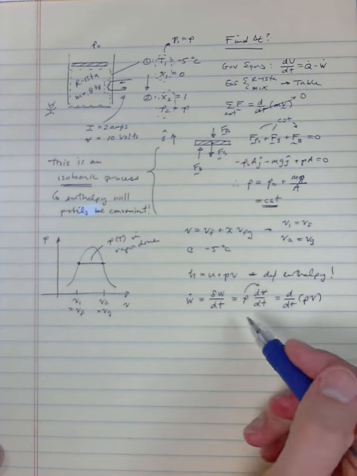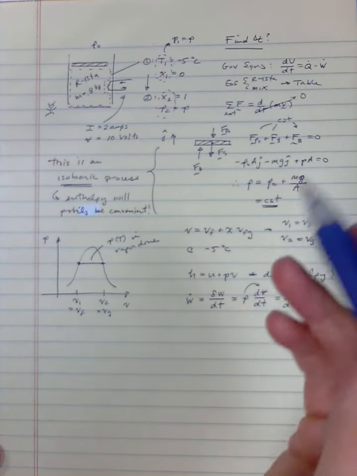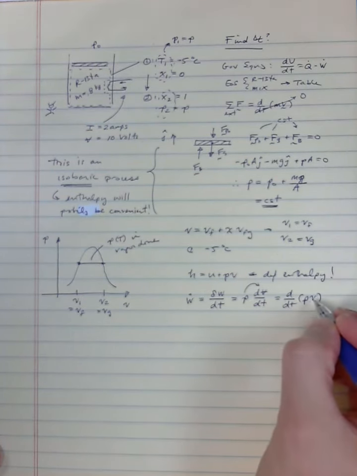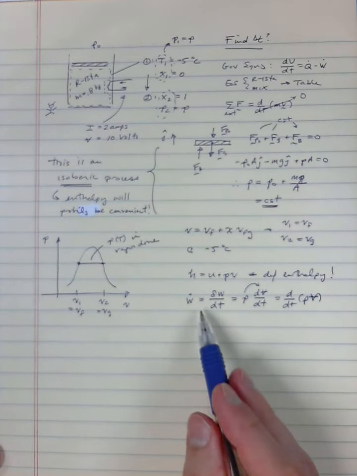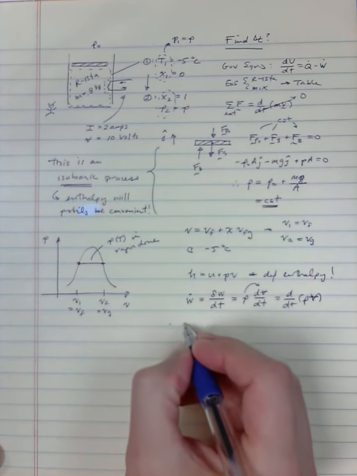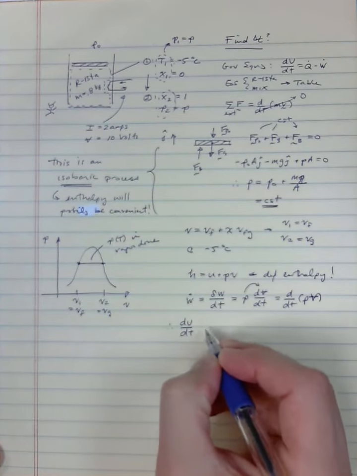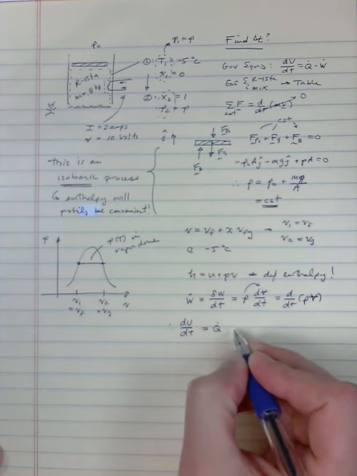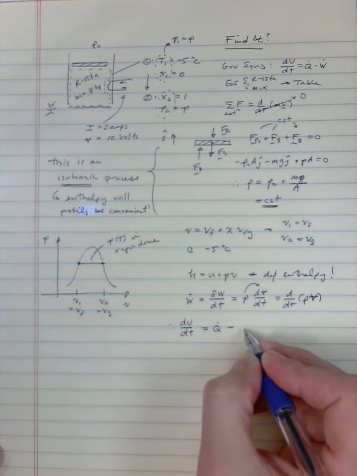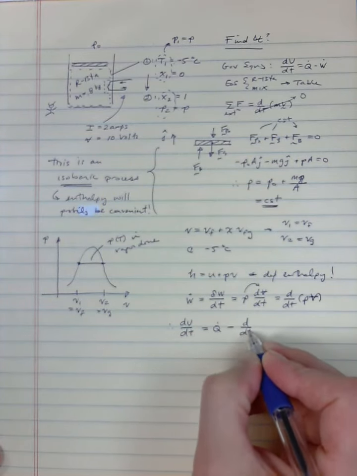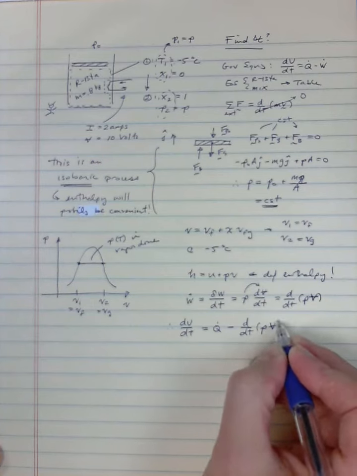Let's go ahead and plug this into the first law, and in fact I want this to be a capital V. Excuse me. The first law is dU dt equals Q dot minus W dot, but W dot is d dt of PV.